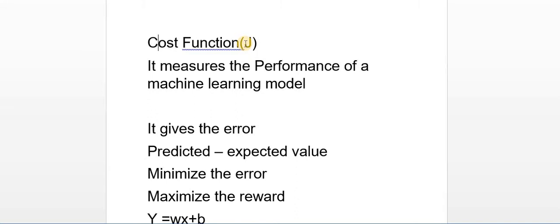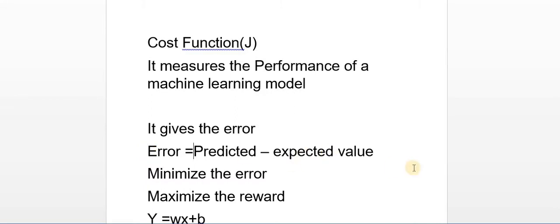In simple terms, cost function gives the error, and error is equal to the predicted value minus expected value.